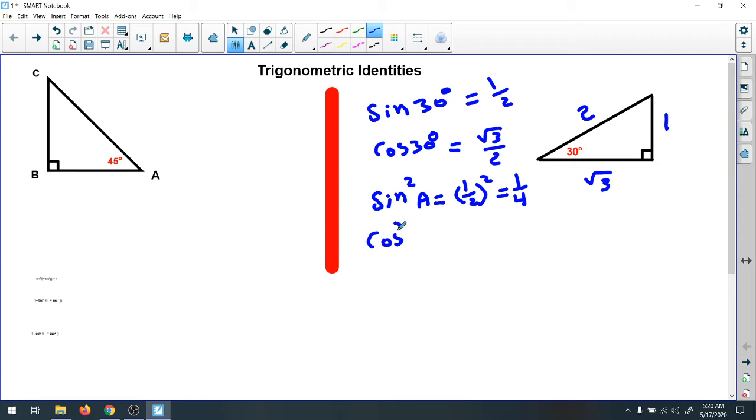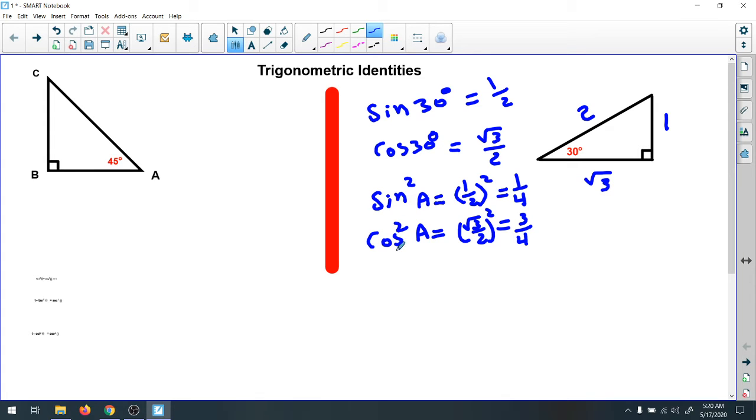Cosine squared of a equals square root of 3 over 2, and then you square this ratio. Square root of 3 squared will be 3, and 2 squared will be 4. So step 1, square sine.